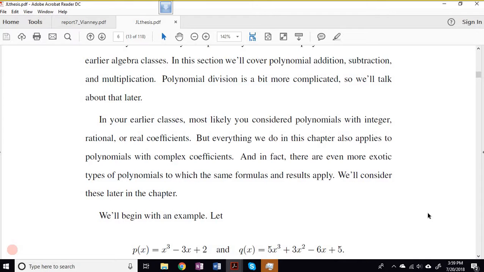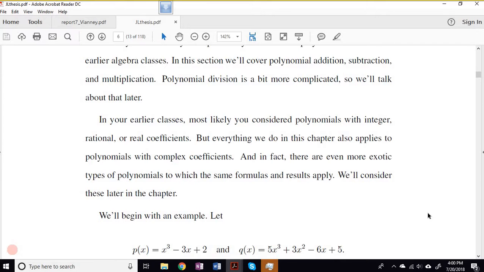The coefficients are what matter. Okay, and then also we bring up that we're going to be talking about more exotic types of polynomials with coefficients, such as modular coefficients or matrix coefficients, those types of things. That's something that's going to be new to the students that are reading this.